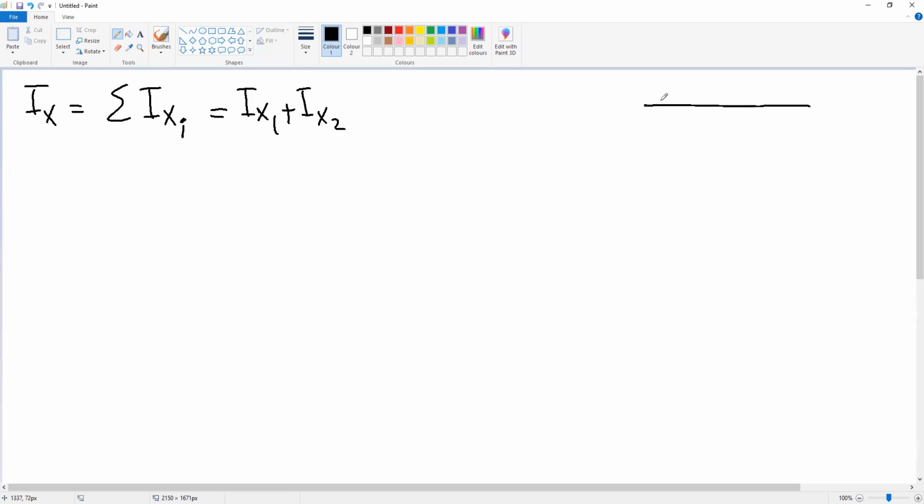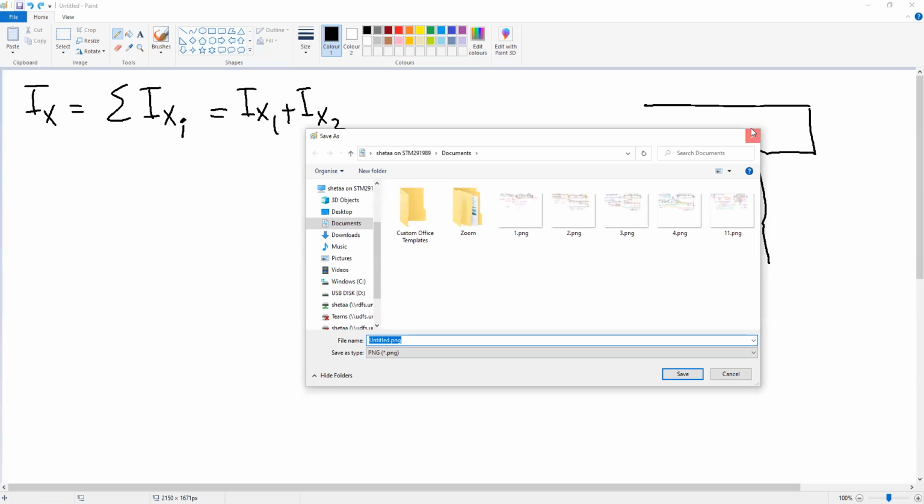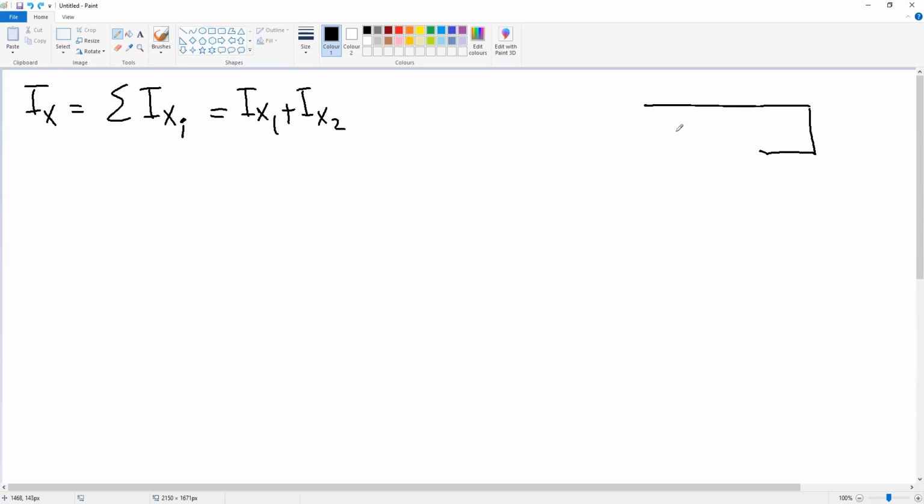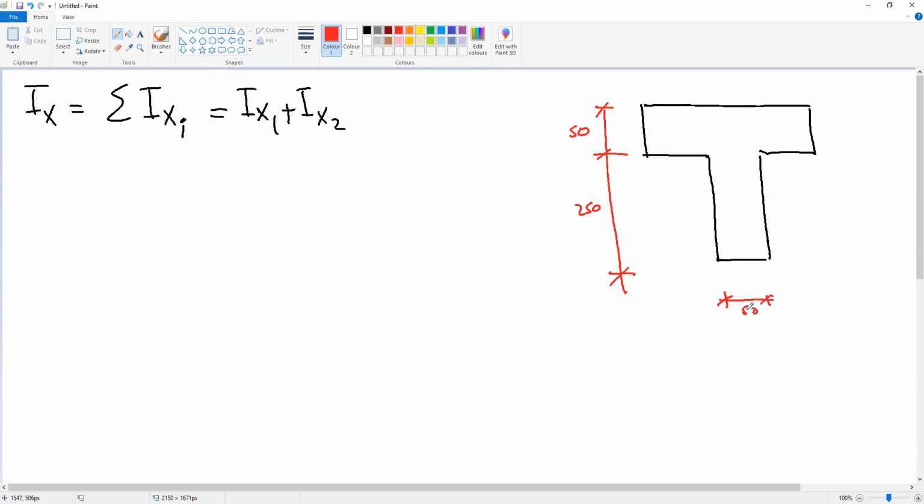So this is our cross section, our T section, and we know the dimensions here, 50 by 150, and this one 50.